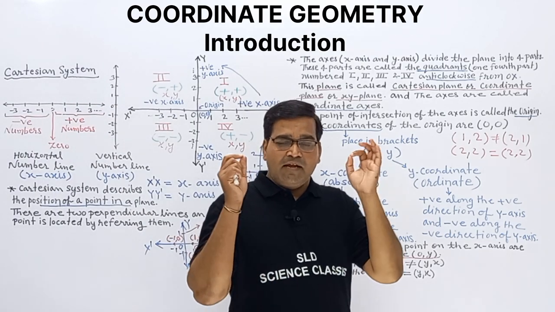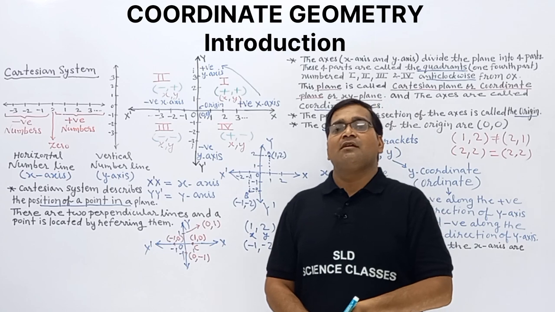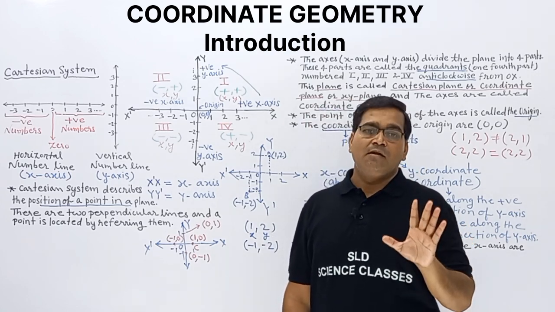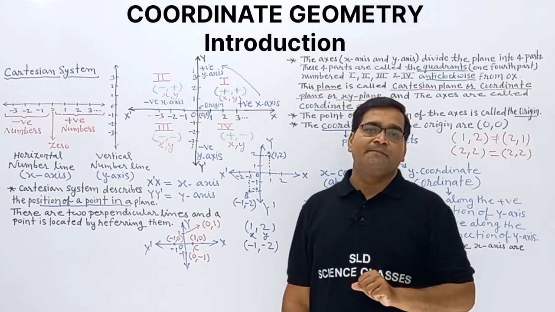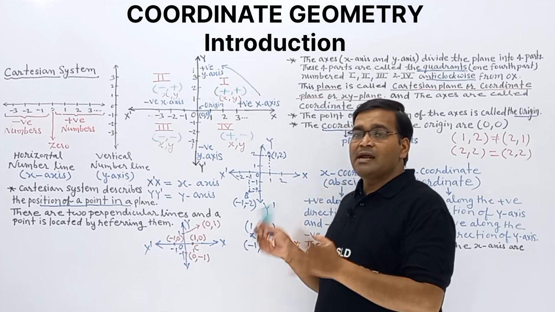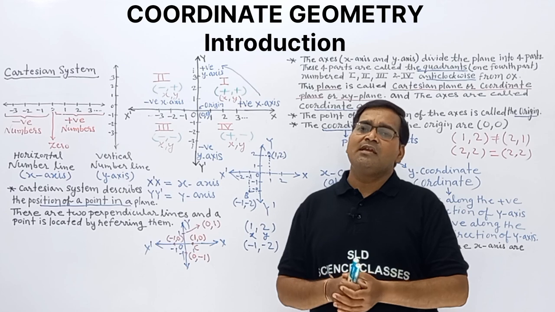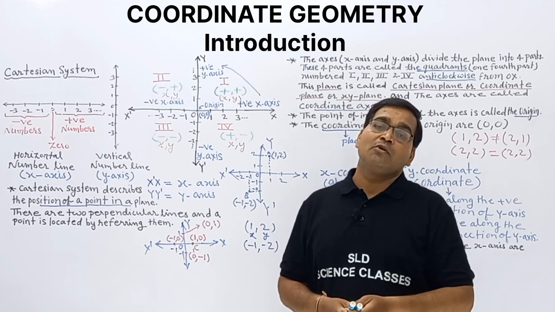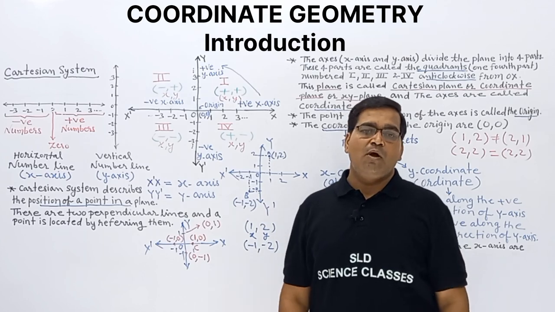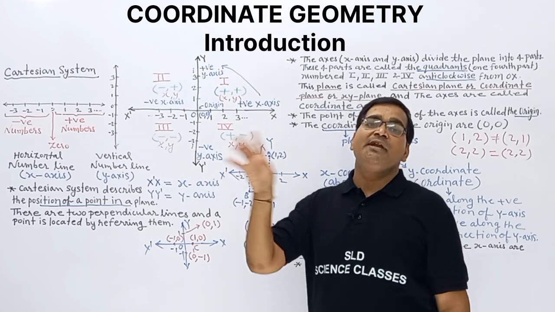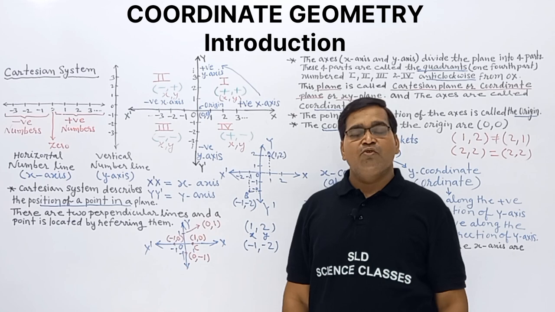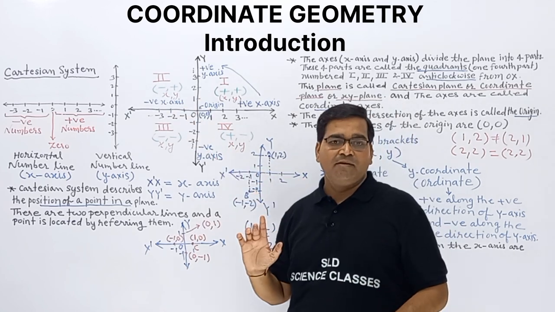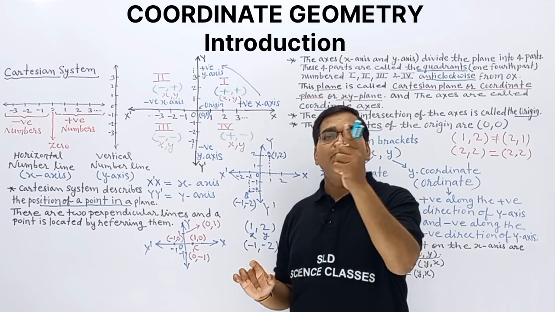So in the introduction of coordinate geometry, we are discussing all points which are linked to our chapter 3. And if you learn all things, I am giving you a guarantee you can solve all the questions based on coordinate geometry. Clear? So we started from the number line, then we are getting what?